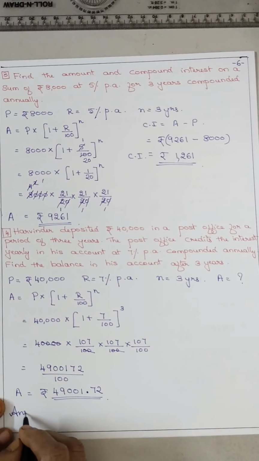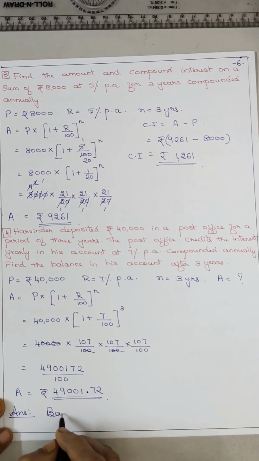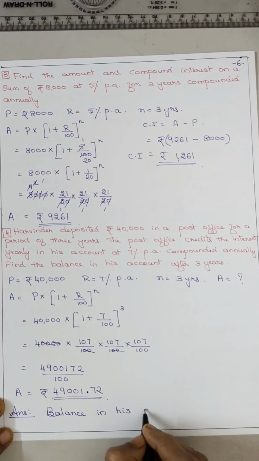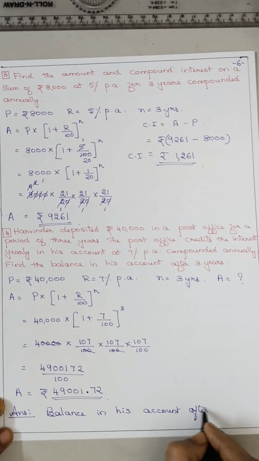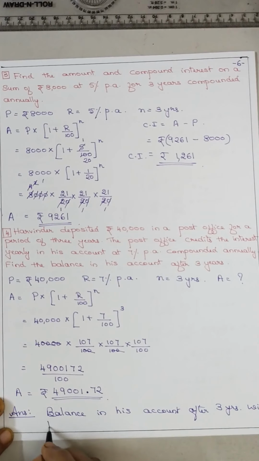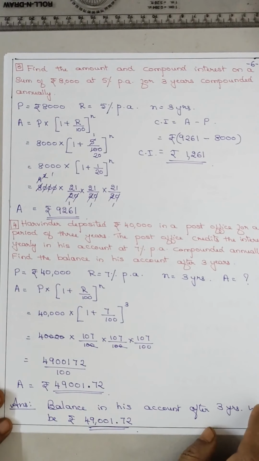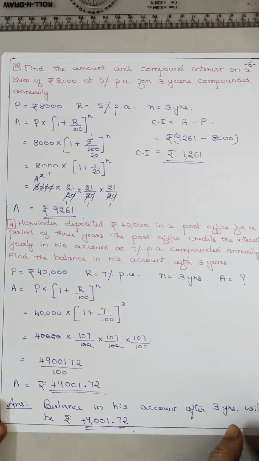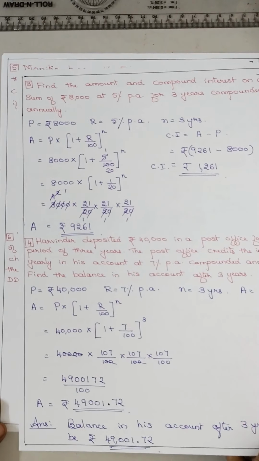So the answer: balance in his account after 3 years will be rupees 49,001.72 paise. Hope you are confident now. 4 sums we have completed.